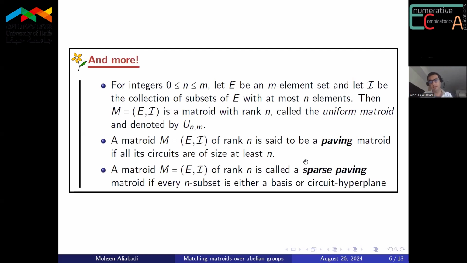What I'm mentioning here for sparse paving matroids, in most books, is just a characterization, not the definition, but it is easier to state this way. So I'm using it as the definition of a sparse paving matroid. A matroid of rank n is called sparse paving if every n-subset is a basis or a circuit hyperplane. And roughly speaking, this means that every n-set must be either a basis or very close to being a basis.